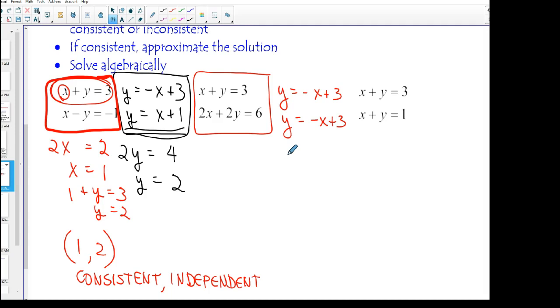When we're looking at the graph, there wasn't just one point where they intersected. The two lines intersected at every point on the line. So in other words, the solution would be all points on the line, and since there are an infinite number of points on a line, there are an infinite number of solutions.